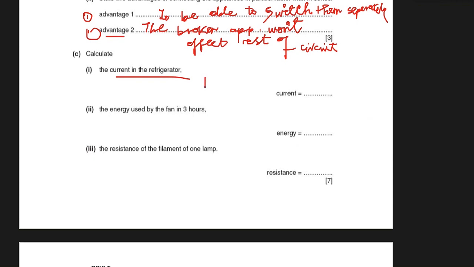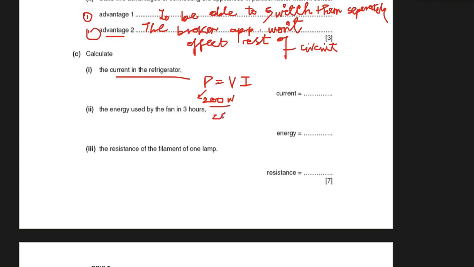So we will use the equation of power from the electricity chapter in physics, which is very important. Thanks to Malvika ma'am for this. P is equal to VI, that is power, in this case 200 watts, and voltage is 240 volts.